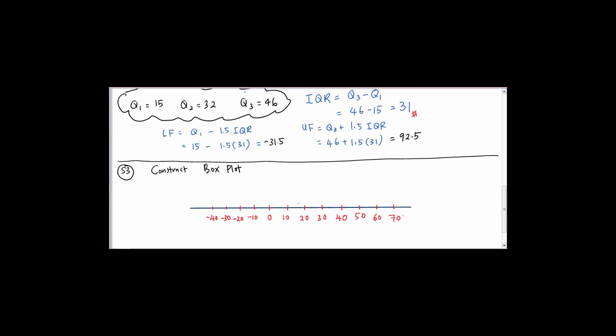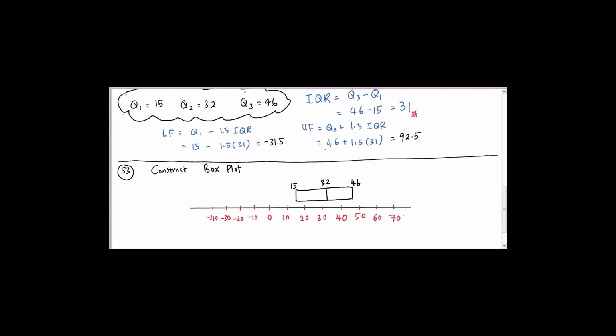The first line will be 15, so it's around here, then 32, and 46. So we construct the box, and you have to label it as 15, 32, and 46. So we already constructed the box.